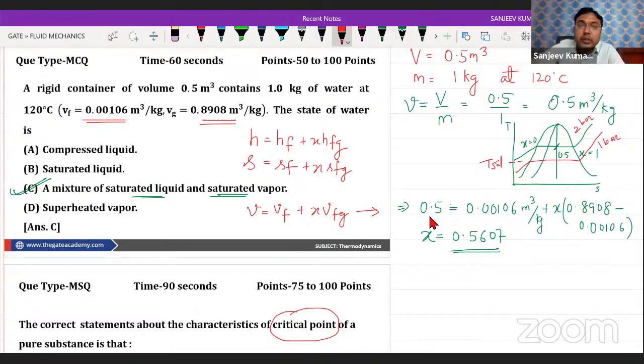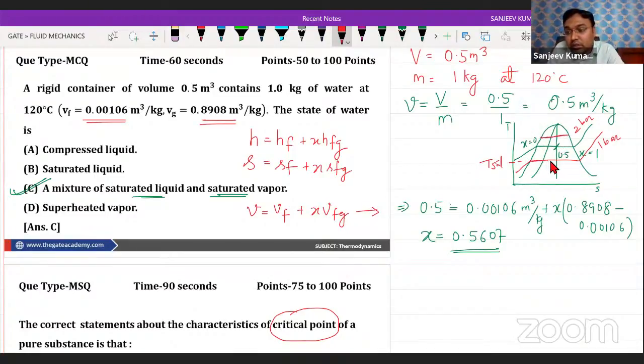But if you increase the pressure, let us say 1 bar to 1.2 bar, then your boiling point will not be 100. It will be more than 100, like 120, 115 degrees centigrade, right? So higher the pressure, higher the saturation temperature. If you keep on increasing the saturation pressure, the Tsat value will keep on increasing.